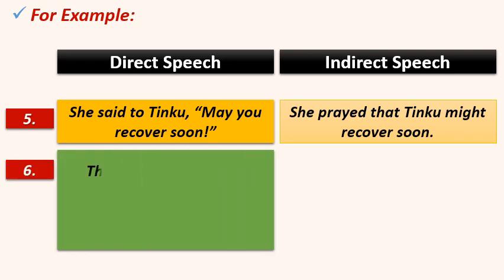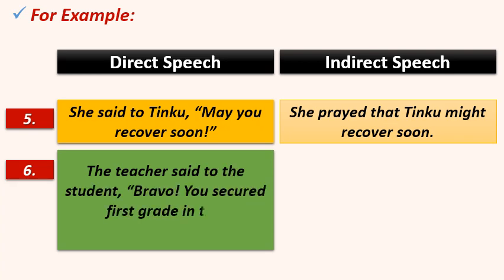Let us see sixth example. The teacher said to the student, comma, inverted commas start, bravo, exclamation sign, you secured first grade in this examination, full stop, inverted commas close. As you can see, the structure of the sentence is subject plus reporting verb plus object plus reported speech. So when we convert it into indirect speech, the structure will be subject plus exclaimed or verb according to sense of the sentence plus object plus that plus reported speech.